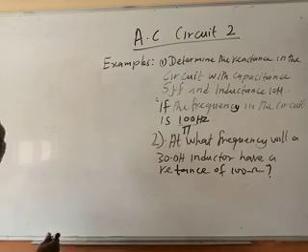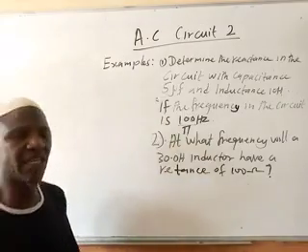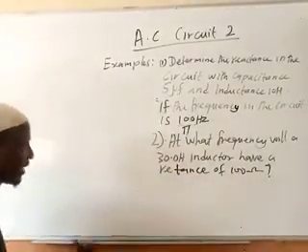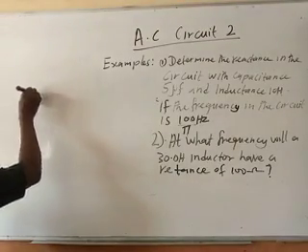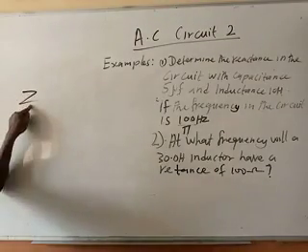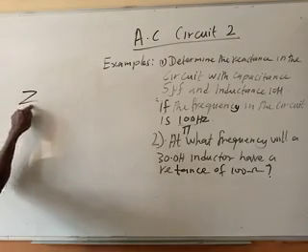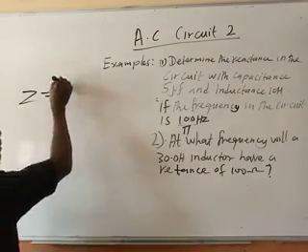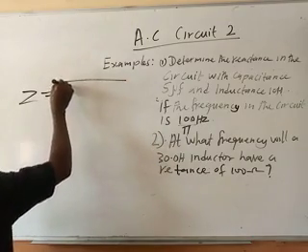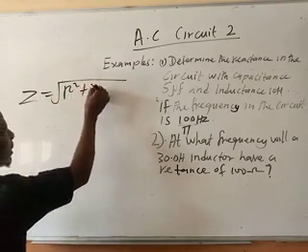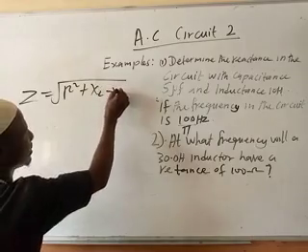Let's say we have in the circuit, resonance occurs when the capacitive reactance is equal to inductive reactance. And don't forget, the total opposition to the flow of current is called impedance, which is equal to square root of R squared plus XL minus XC, squared.